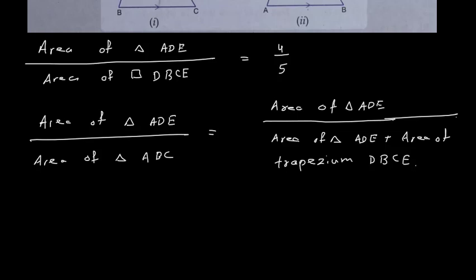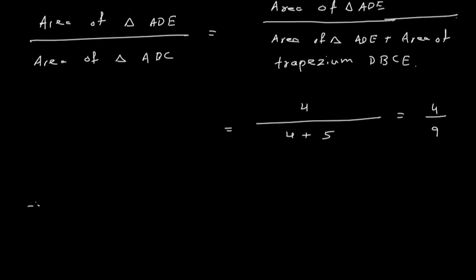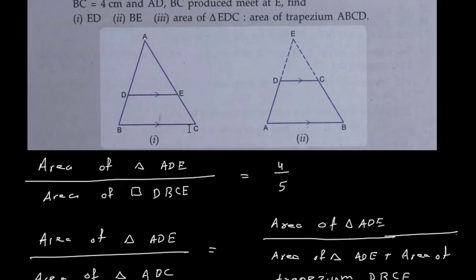If I consider the area of ADE is 4, then in the denominator it is 4 plus 5, so that is 4 upon 9. So now area of triangle ADE upon ABC, we have got 4 upon 9.